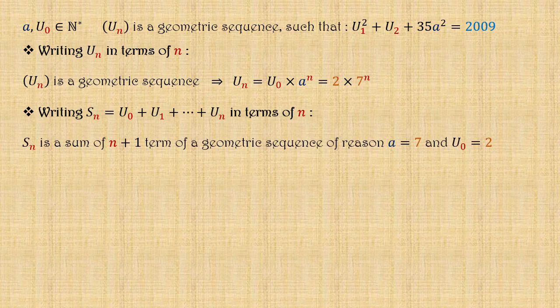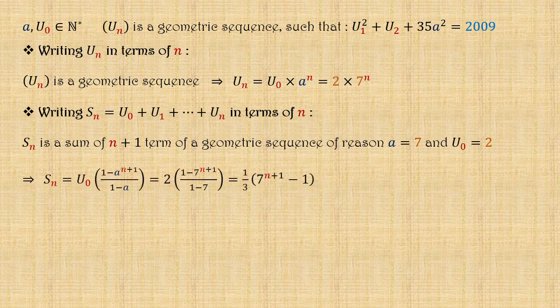So, as Sn is the sum of n plus 1 terms of a geometric sequence of reason 7 and a first term u0 which equals 2, we find according to the formula of the sum that Sn equals u0 times 1 minus a to the power of n plus 1, all over 1 minus a, which equals 2 times 1 minus 7 to the power of n plus 1, all over 1 minus 7, that equals 1 over 3, times 7 to the power of n plus 1, minus 1.